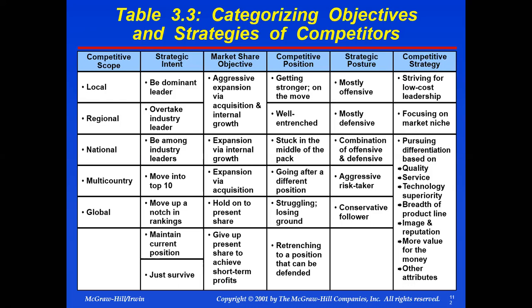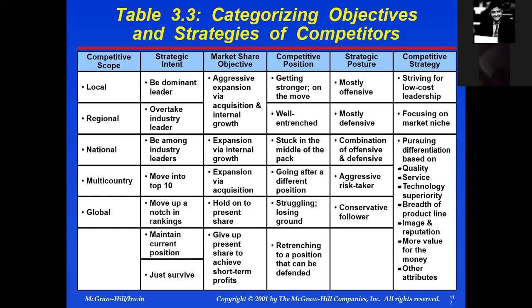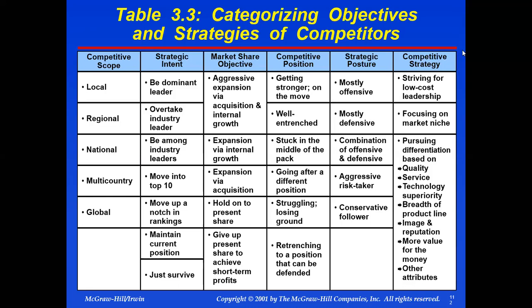For example, if competitive scope varies from local, regional, national, multi-country, and global, we can discuss what the strategic intent, market share objective, competitive position, strategic posture, and competitive strategy can be.